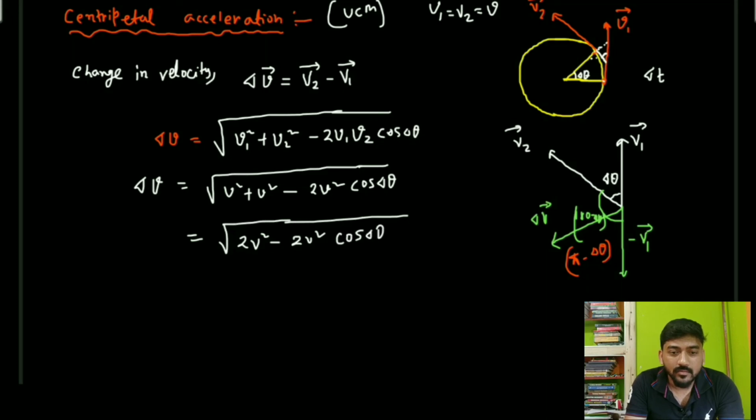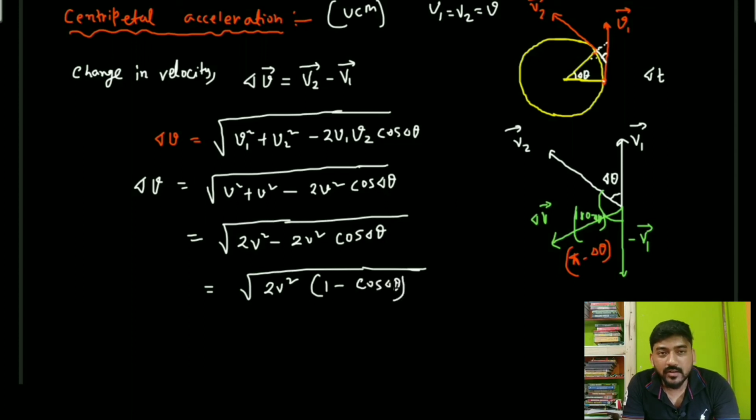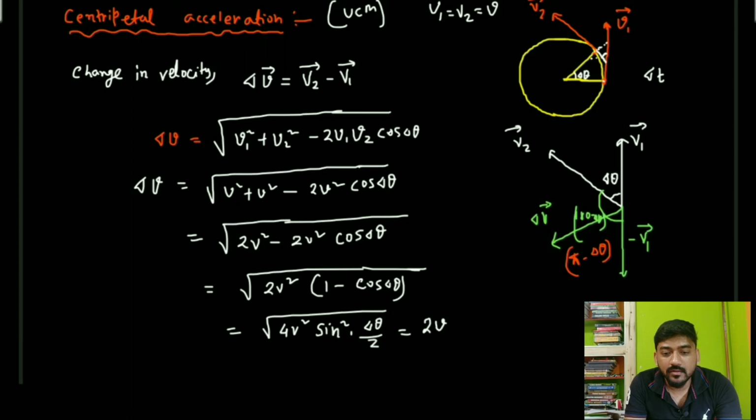Now let me take 2v square common. So it will be root over 2v square into 1 minus cos delta theta. 1 minus cos delta theta will be 2 sin square delta theta by 2, so it will be 4v square sin square delta theta by 2, and that will obviously be 2v sin delta theta by 2.